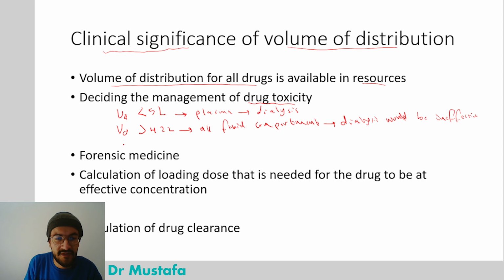And if the volume of distribution is between 5 and 42, then the decision of dialysis depends on the situation that we have.